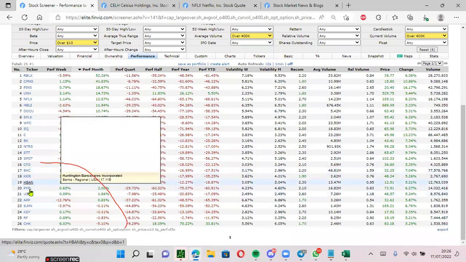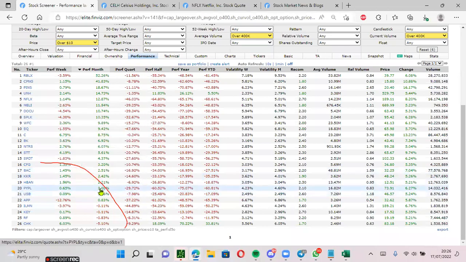The same thing with PayPal, which just moved. I don't think people are really trying to get into this one, so you can just ignore PayPal right now.